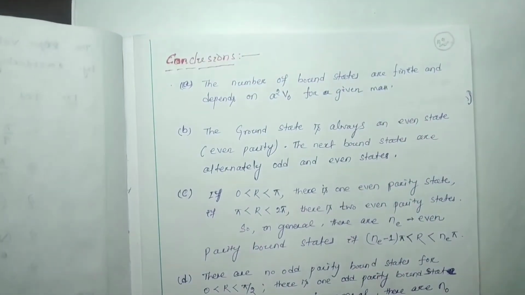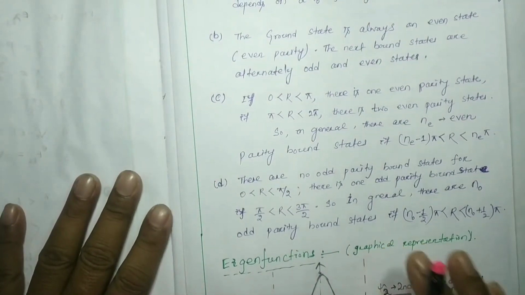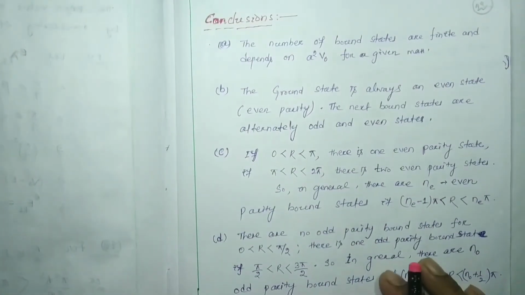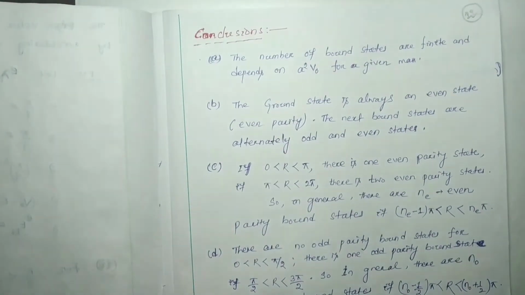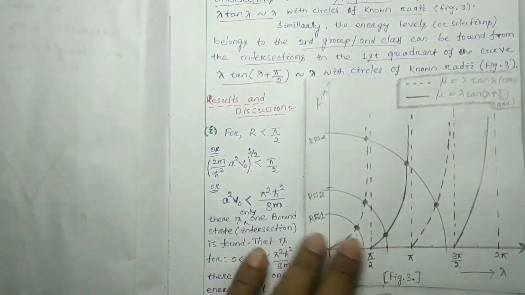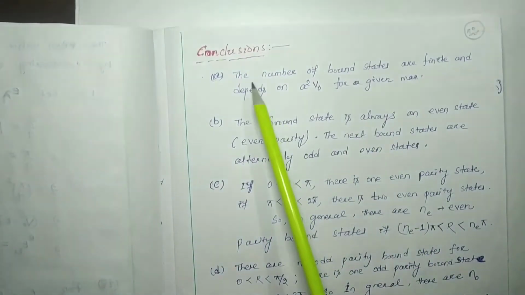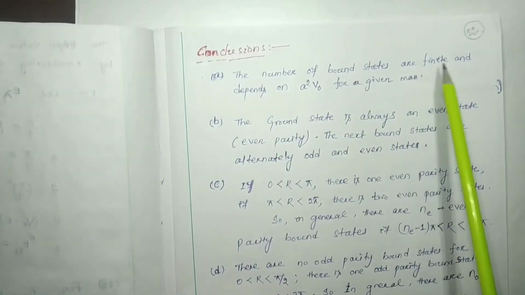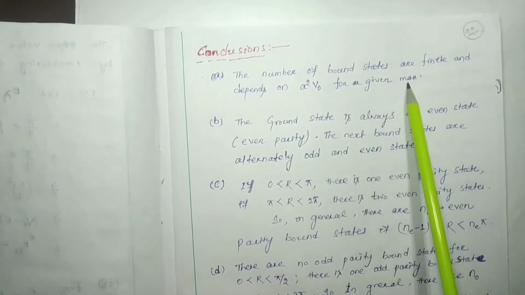What we have concluded is written on this page; just watch it, I am going to discuss it. From what we discussed graphically, what did we find? The number of bound states is finite and depends on a square v0 for a given mass.